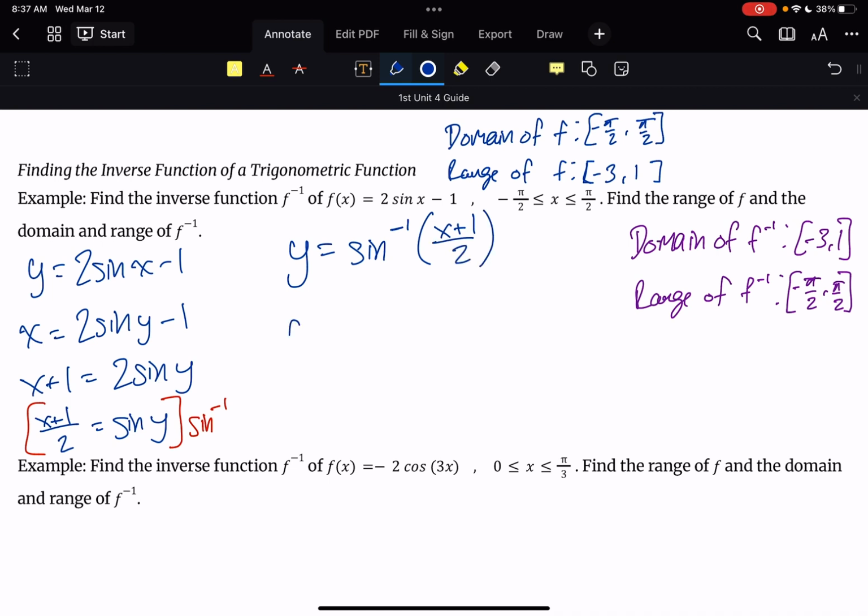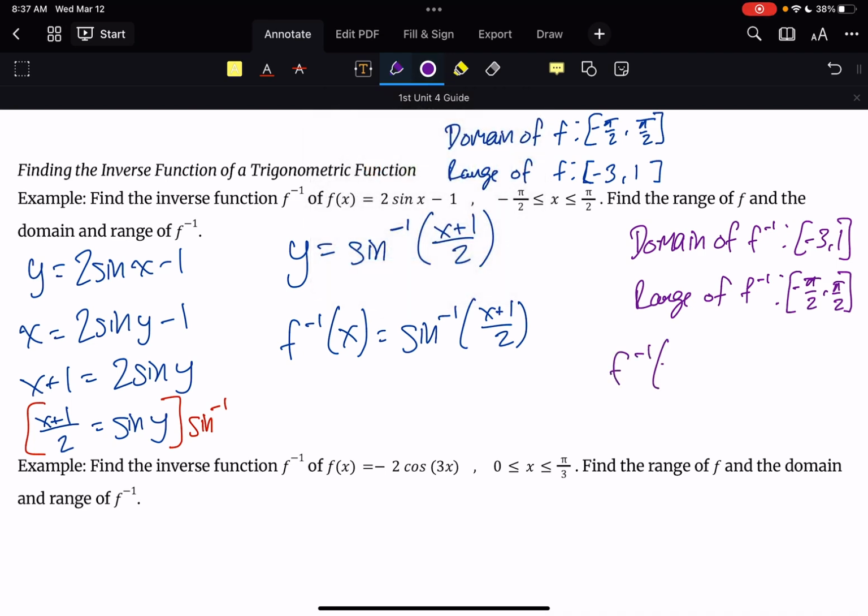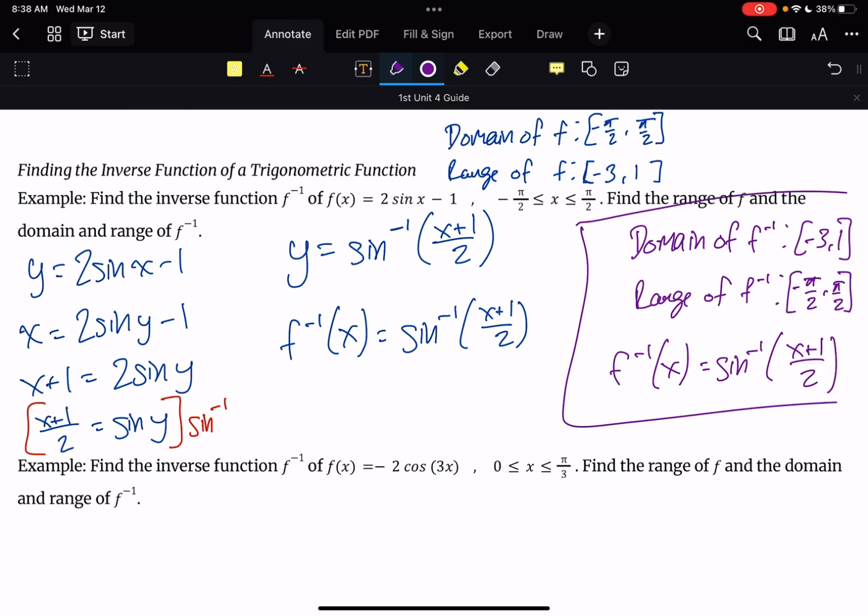And then we're just going to go ahead and change that to the inverse notation. So f inverse of x equals inverse sine of x plus 1 divided by 2. And so that is going to be my inverse function, inverse sine of x plus 1 divided by 2. And there is all of the information that we need.